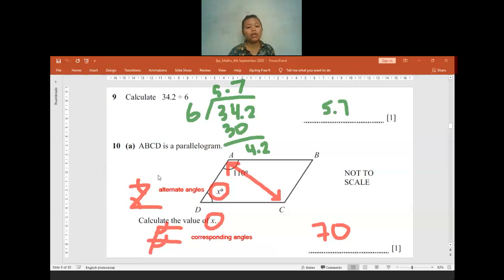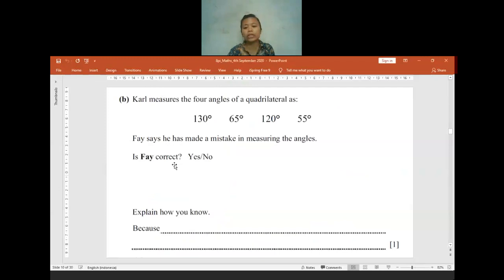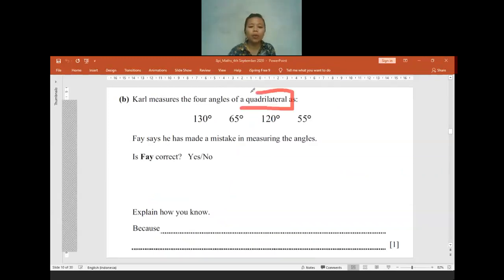No? Okay. If you have no question, I will move to question 11. Oh no, still another question. This one, we have question B, with this angle. Does anyone know what a quadrilateral is? It's a type of shape with four corners.